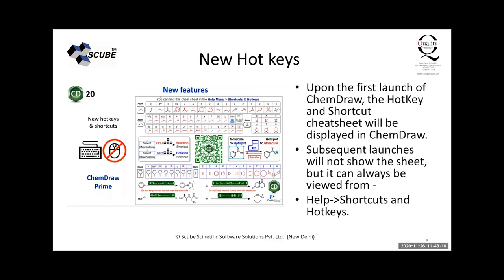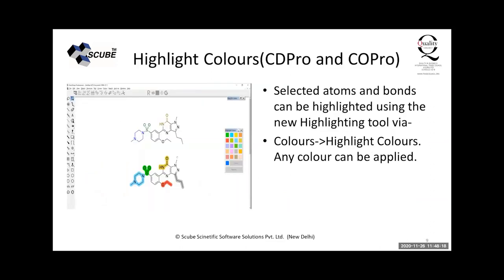So we will discuss this, and then we have highlight colors, right? In the earlier version of ChemDraw, if you can recall, some groups or some bonds needed to be highlighted in a color coding, right?